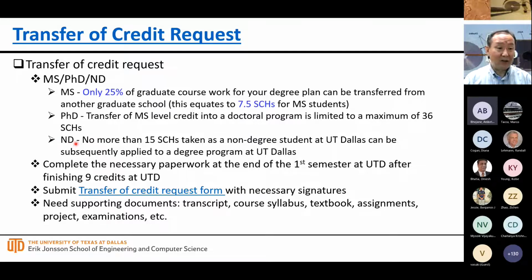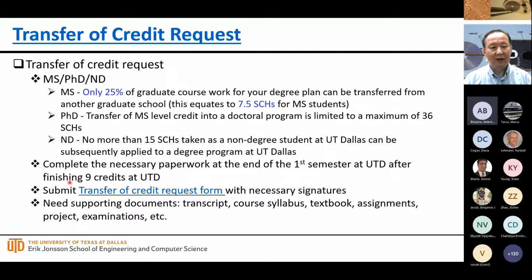I don't think the others apply to any students who fall into the category of non-degree seeking student, so I will just skip this. And you need to complete the necessary paperwork by the end of the first semester at UTD.